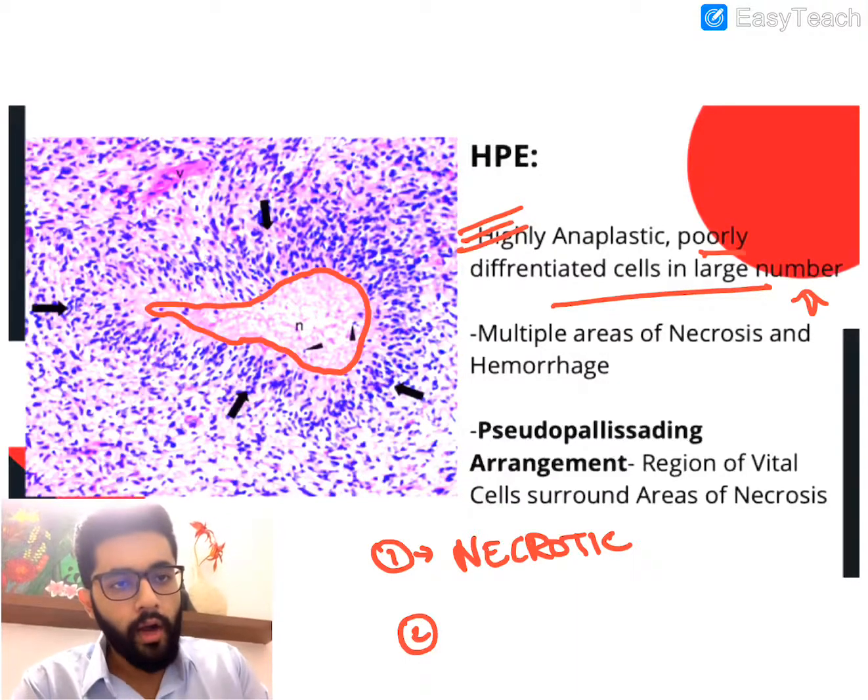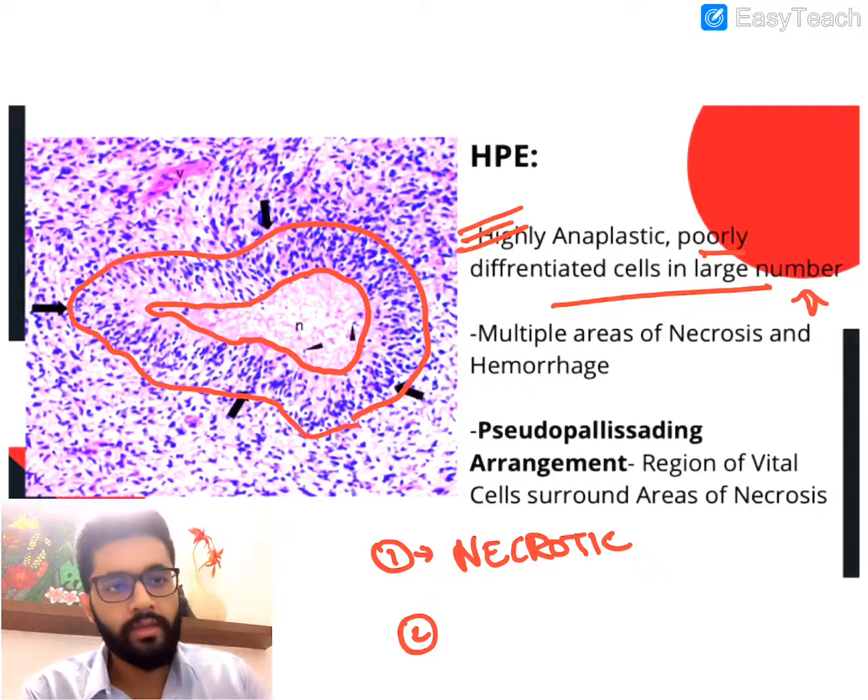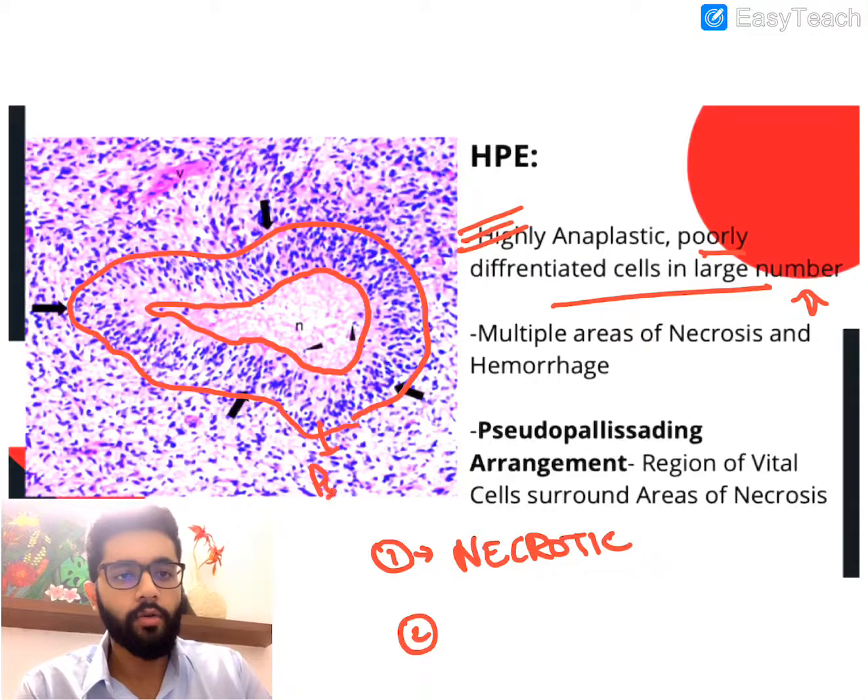If you look around this area of necrosis, you will see a lot of these malignant cells around it. It looks like they are surrounding or collecting around this pool of necrosis. This arrangement is called a pseudo palisading arrangement.